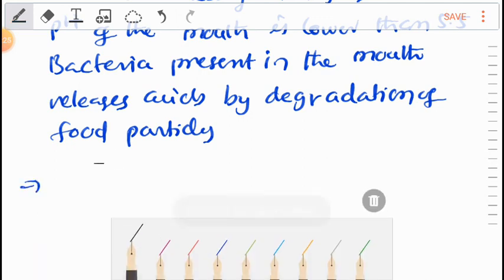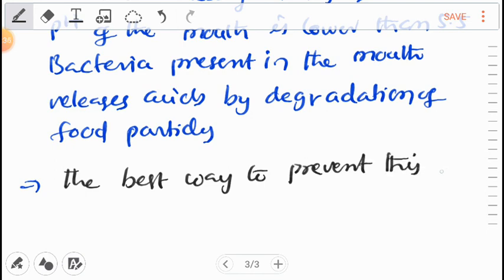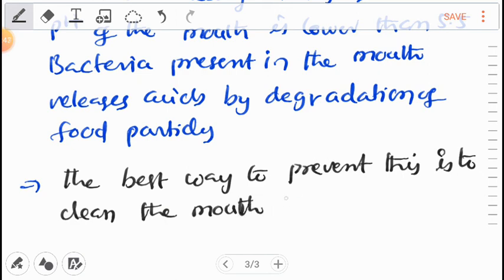So the best way to prevent this is to clean the mouth after eating food. This is the best method.